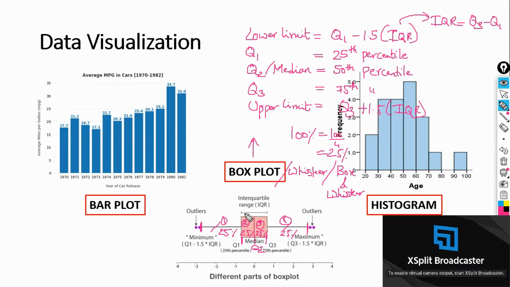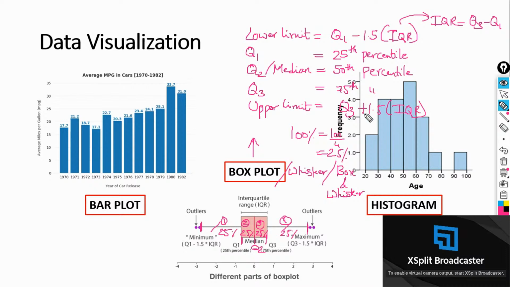How can we get this range? I'll get the difference of Q3 and Q1, and that gives me the range. I hope it's clear. So this will give me IQR, and when I substitute IQR in the formula, I get the lower limit.